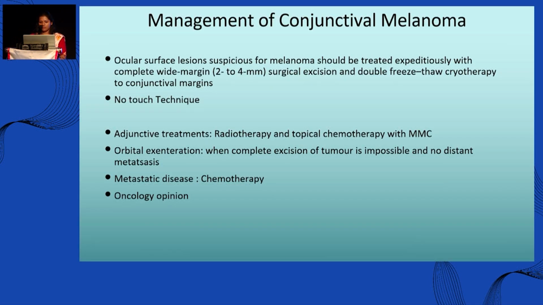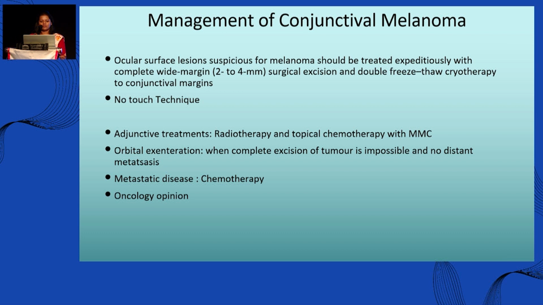So how do we manage conjunctival melanomas? Ocular surface lesions suspicious of melanoma should be treated expeditiously with complete wide margin excision of 2 to 4 millimeters, and use double freeze-thaw cryotherapy to the conjunctival margins, and the excision should be performed using the no-touch technique.